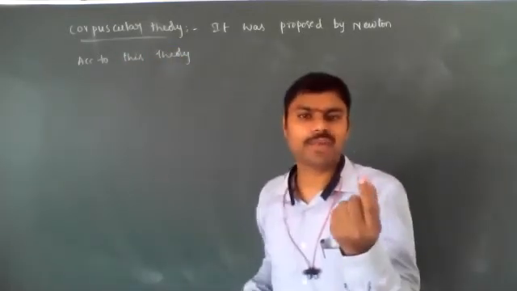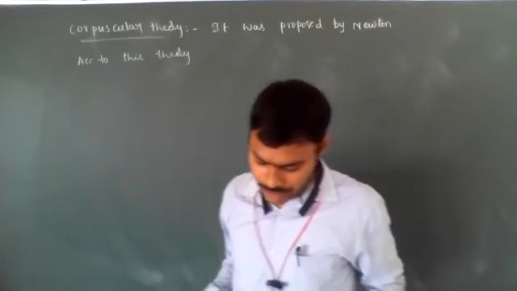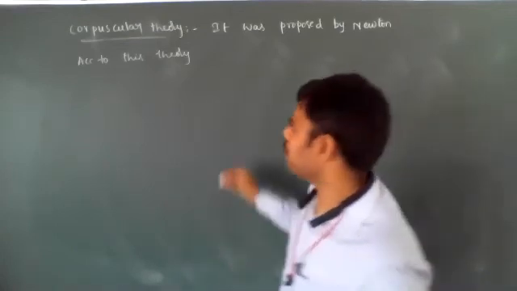Corpusculus means small particles. According to this theory, light is propagated in the form of small, invisible particles.